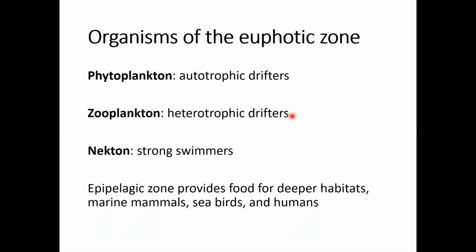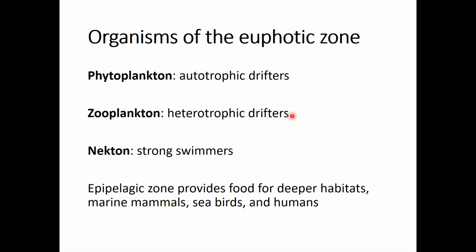So within the euphotic zone or the epipelagic zone, we have phytoplankton, zooplankton, and nekton. Remember, plankton are drifters. So they're able to move about a little bit, but they're not strong swimmers. They're not going to be able to swim past a moving ocean current. So these are generally smaller organisms.